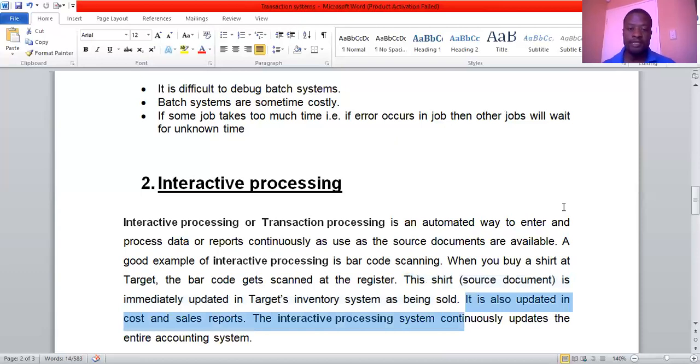It is also updated in the cost and sales reports, depending on what fields the database has. It updates the reports and the cost tables, for instance, that the price for this was that, and the item was sold.